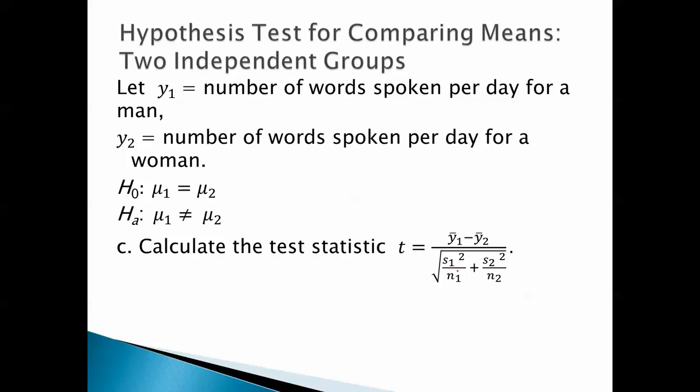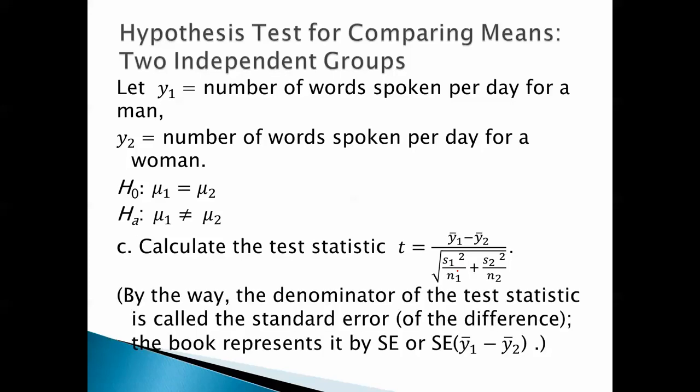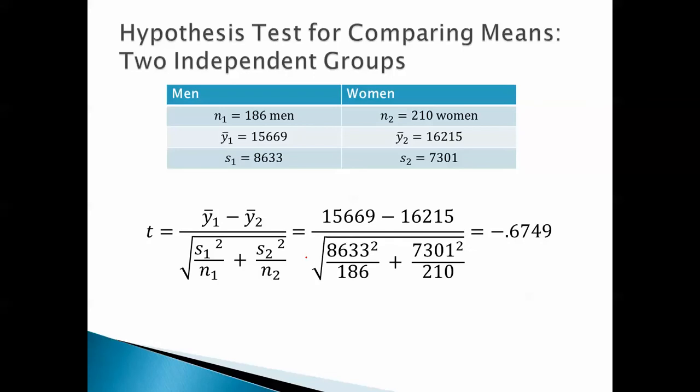Calculate the test statistic T. By the way, the denominator of the test statistic is called the standard error, or the standard error of the difference, and the book represents it by SE, or SE of y1 bar minus y2 bar. So what's on the bottom here, including the square root? That's standard error. Okay, so we plug in the numbers. y1 bar, 15,669. y2 bar, 16,215.